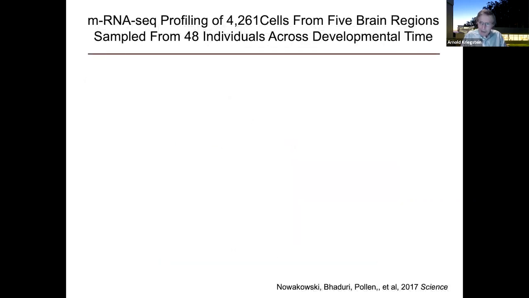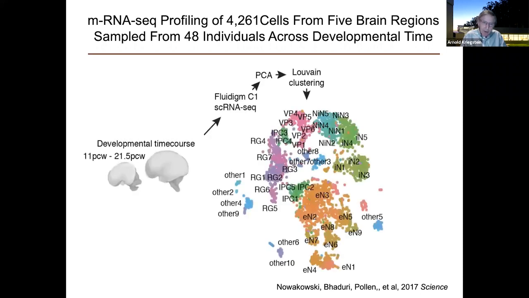Now, since that initial sequencing I mentioned, which was very modest, we've now profiled many more cells using the Drop-seq approach. So our next data set includes 4,200 cells from 5 different brain regions across time over 48 individual samples. So this is a large data set of single cells, both neurons and non-neurons, during brain development over the period of peak neurogenesis.